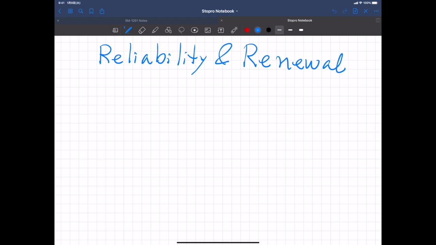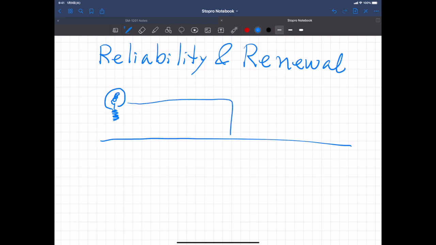Okay, today we are going to study reliability and renewal process. So the basic problem is this. For example, if you have a light bulb, and when you replace it the first time, then it will last until it will break down at some point.